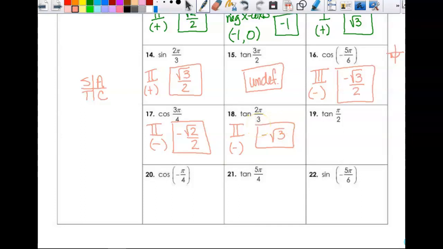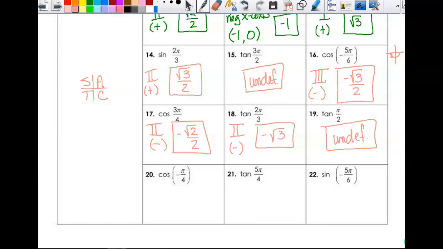Yes? We're all good on that? Awesome. All right. Tangent of pi halves. V? Uh-huh. Undefined. Very good. So it's a quadrantal positive y-axis, and it's undefined. And I'm going to be lazy, and I'm not going to actually write out the rest. All right. Cosine of negative pi fourths.